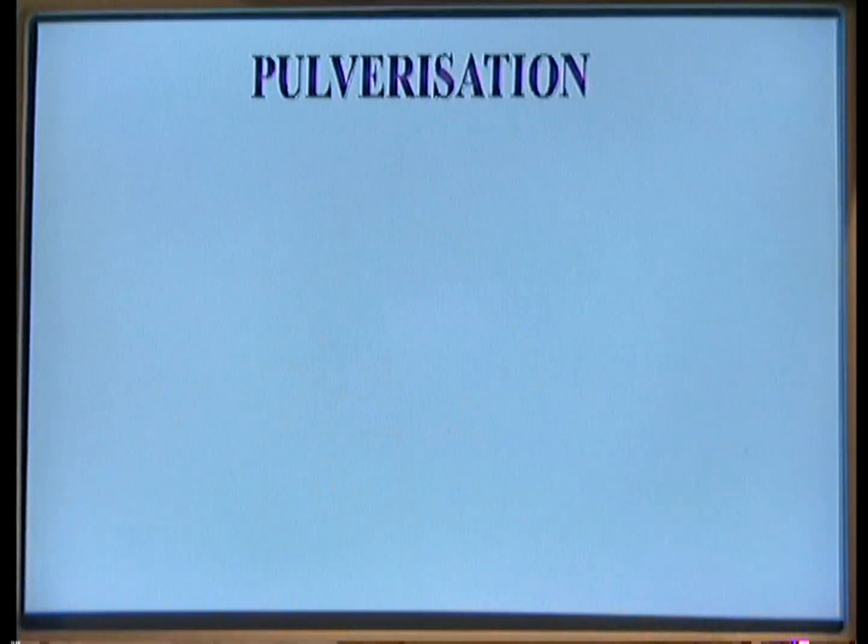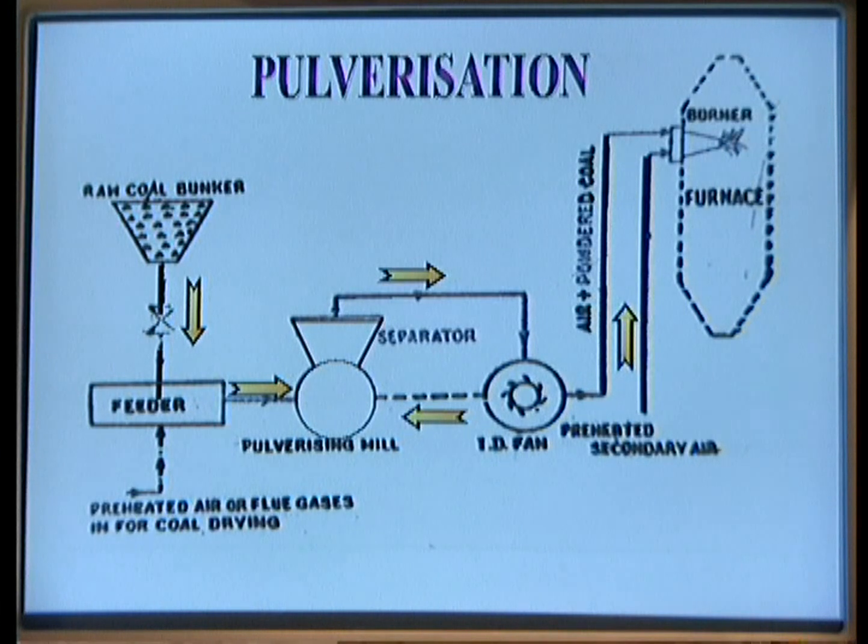Here is the single line diagram of pulverization. How is pulverization going on in a TPS? First of all, raw coal from the bunkering, that is the storage, is crushed in the crusher to a nearly uniform size of 30 mm diameter and stored in bunkers.